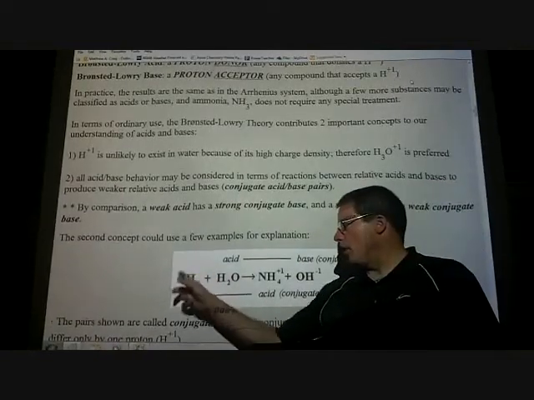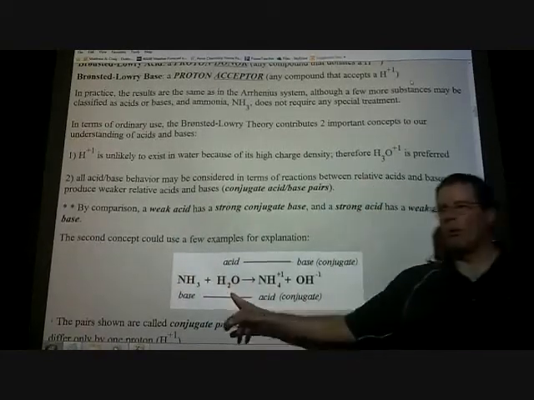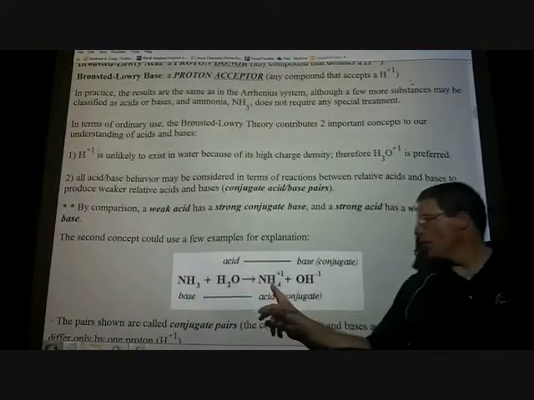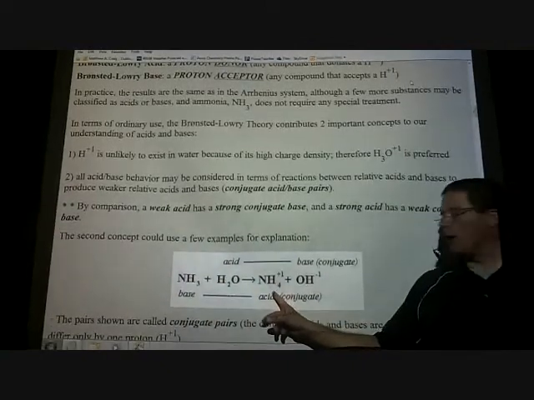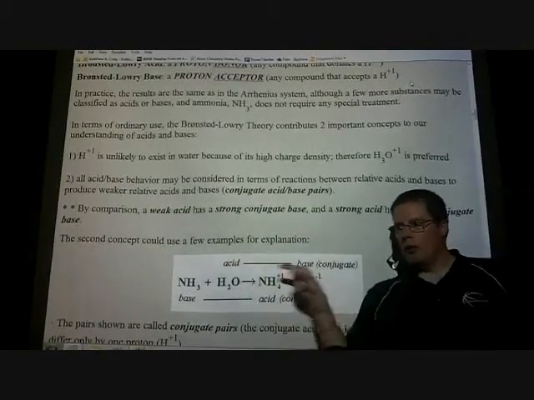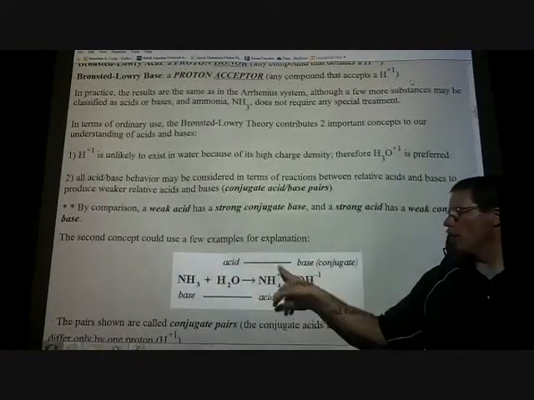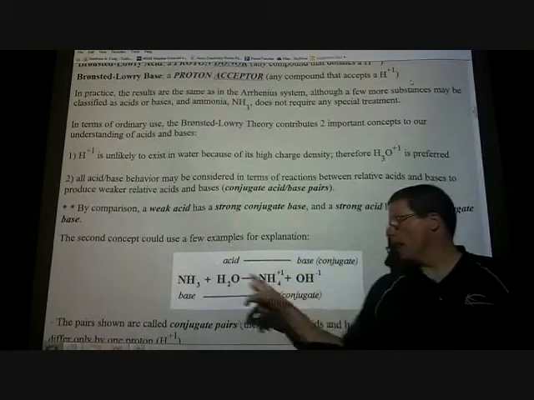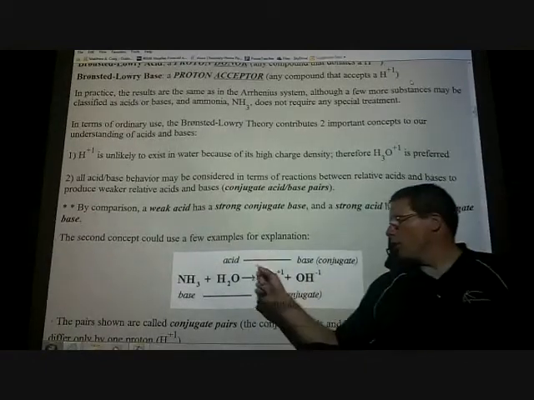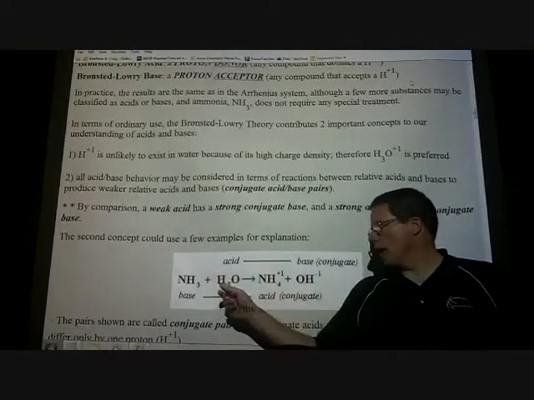If the ammonia accepts a hydrogen from the water, and again, probably would be better written as HOH, then we form what's called ammonium, one of your 10 polyatomics, and we're left with hydroxide. If we want to have the reaction move in a reverse direction, what is the ammonium going to do to get it back to where it began? Well, the ammonium is going to donate a hydrogen to the hydroxide.